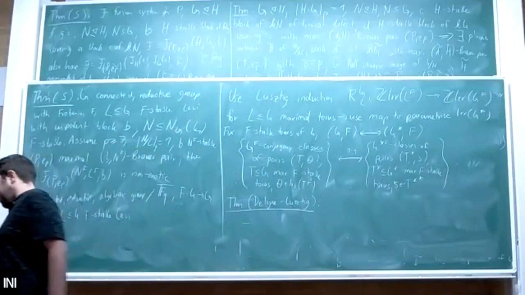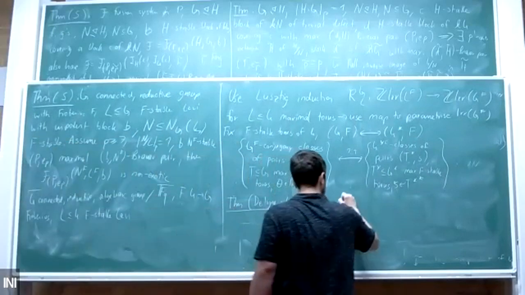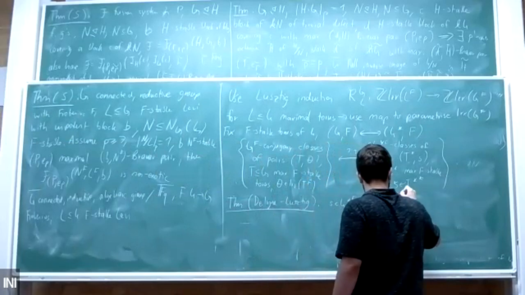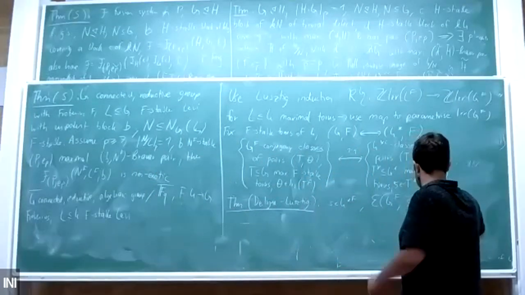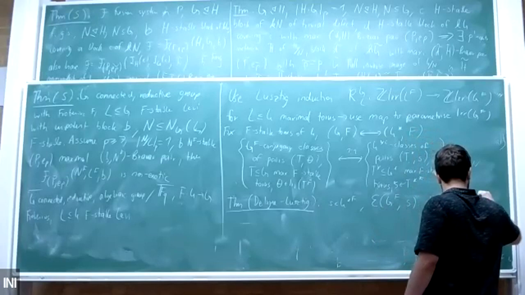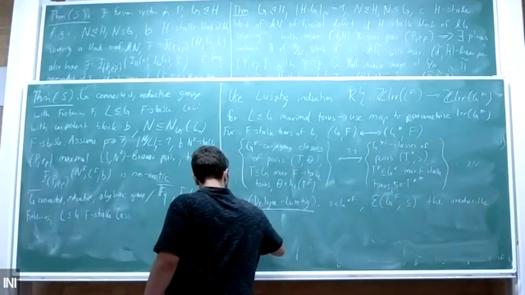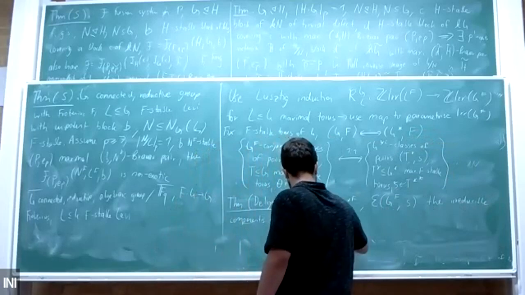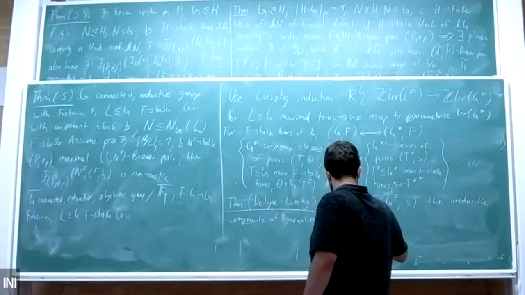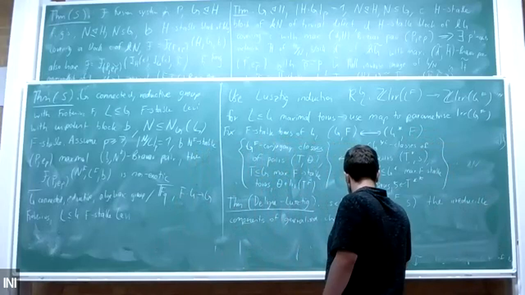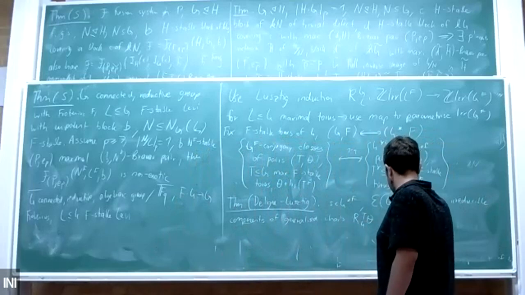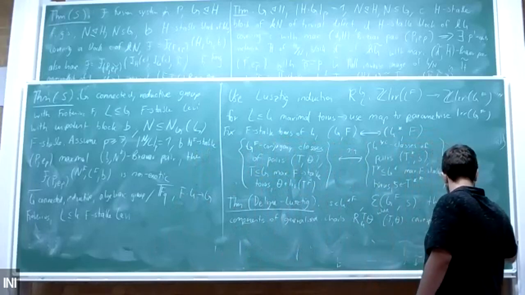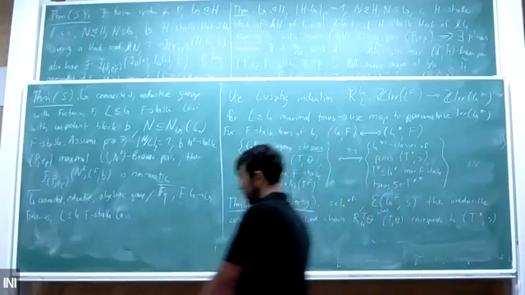So we take S to be a semi-simple element of G star F, and then we denote by E(G^F, S) the irreducible components of generalized characters R_T^G(theta), where T, theta corresponds to T star, S in this bijection above.